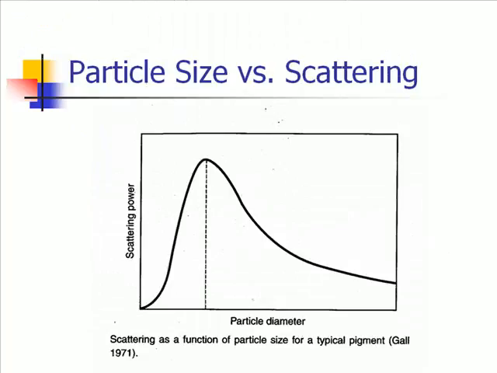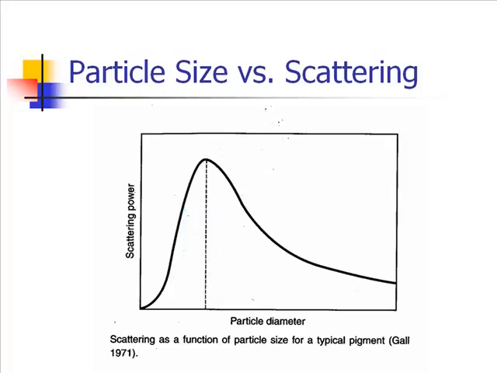If you had a perfect world and you could make all the particles the same size, which you can't anyway, but if you could, you would make all your pigment particles exactly this size, whatever that number would happen to be. It depends on what color you're after and what wavelength that particular color is.